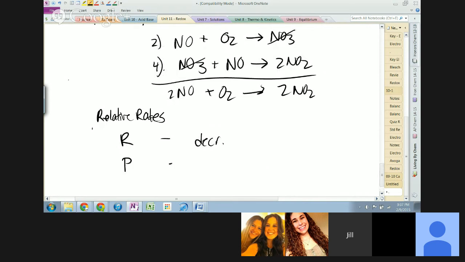If it's a product, it'll be positive or increasing. As long as you clarify that in your answer, or if the question says, what is the rate of decrease of this reactant, you could just answer with an absolute value. It would never be wrong, though, to include the negative on a reactant.